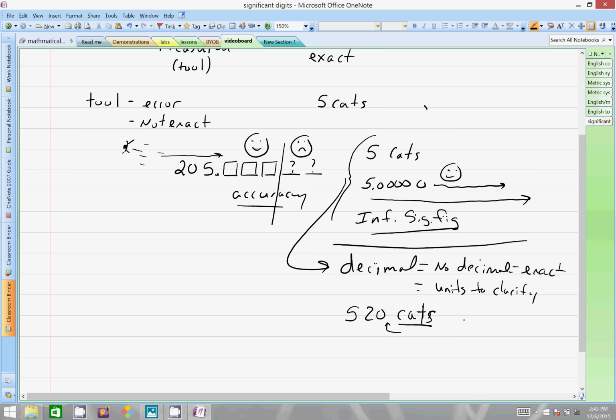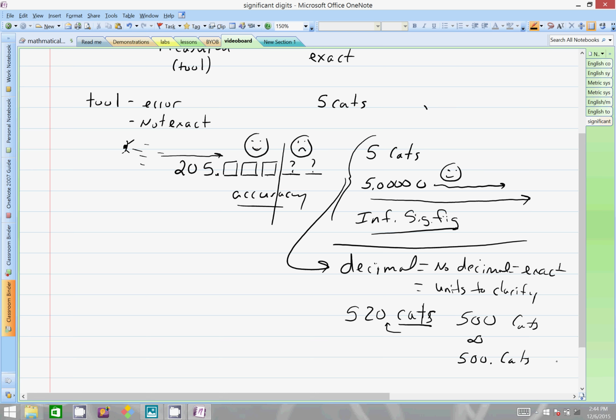Again, if someone says 500 cats, you don't know if they're estimating at 500 cats or if there are exactly 500 cats. At that point, I would use my judgment and say, if there's no decimal, it would be exactly 500 cats. But if it's 500 decimal cats, then it might be a measured, estimated value of 500 cats.